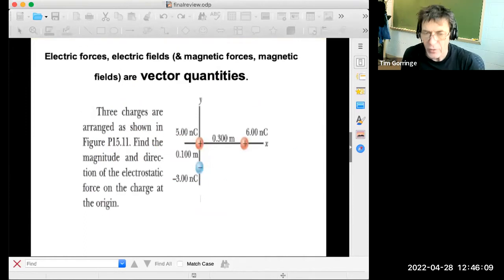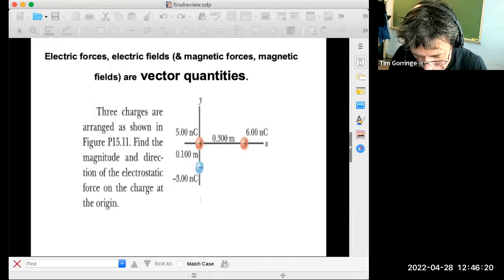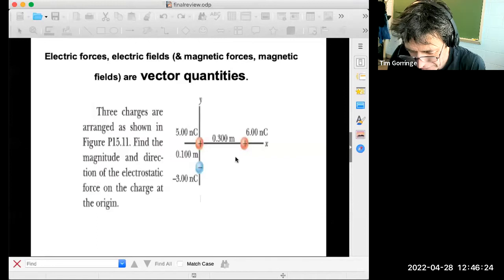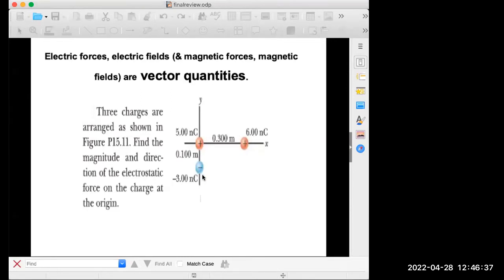Okay, so here's a little example problem in which we've got three charges. And the three charges are arranged at these locations in this horizontal XY plane. One's located at the origin, one's on the x-axis, and one's on the y-axis. And we're told the locations of the charges, we're told the numerical values of the charges.